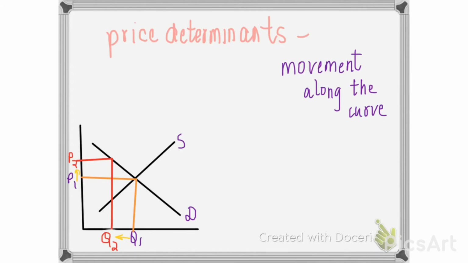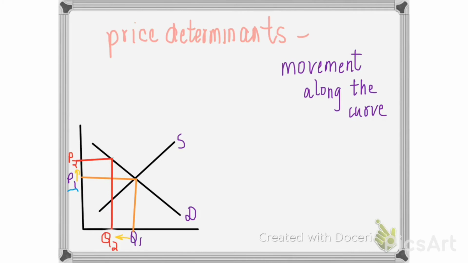Here the price is initially at P1 and the quantity is at Q1. And then the price increases to P2 and then the quantity decreases. So here there is a movement along the curve because there is a change in the price and the quantity.